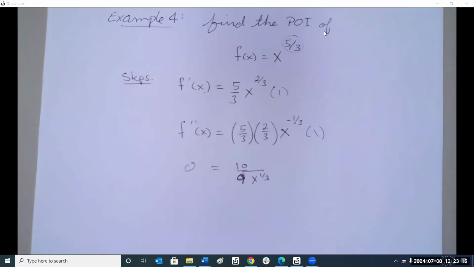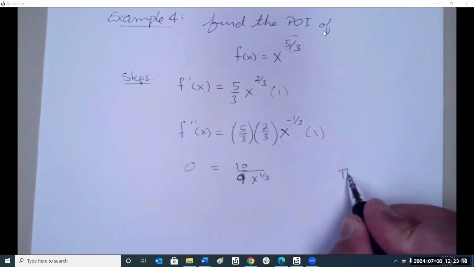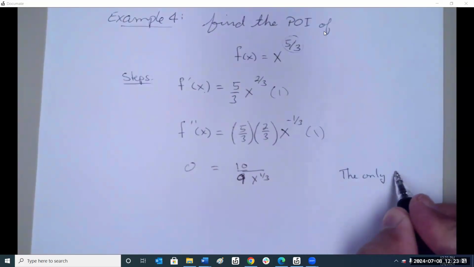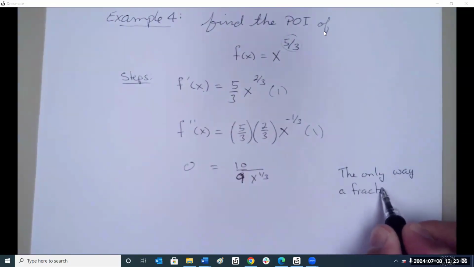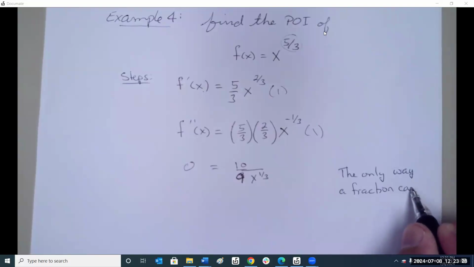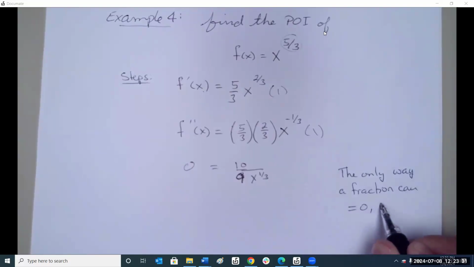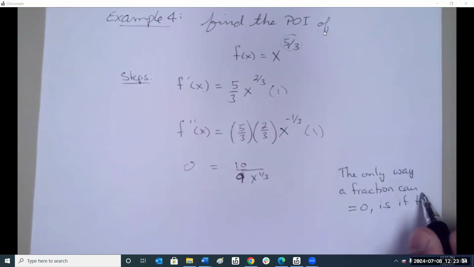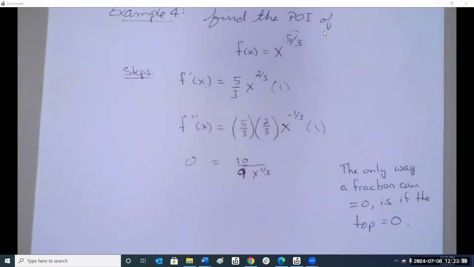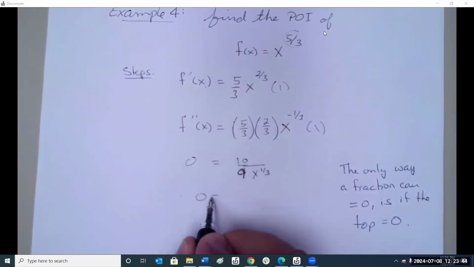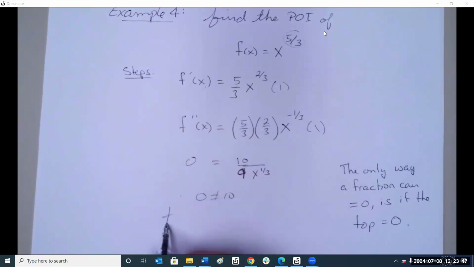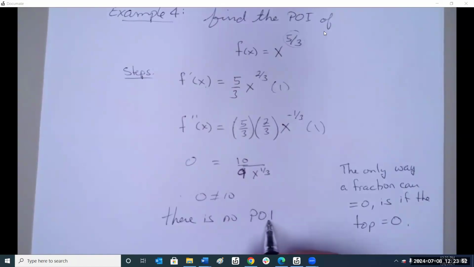The only way a fraction can equal 0 is if the top is equal to 0. Since 0 does not equal 10, there is no point of inflection.